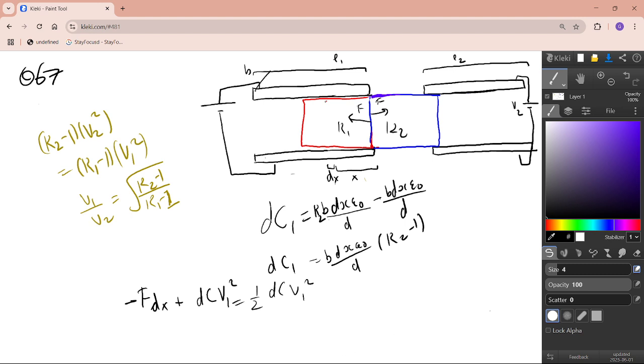So F dx is once again half dC1 square, and by putting this thing in, K2 minus 1. Now I think V1 square, and with V1 square we have K2. Before, we had V1; now we have K2. Amazing.